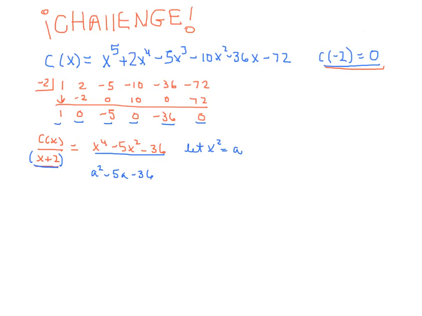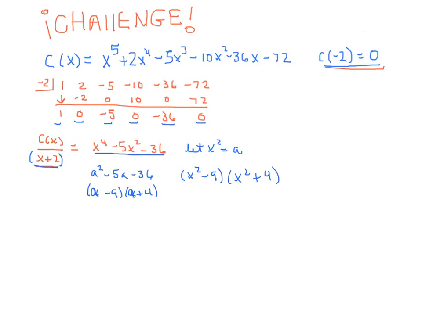Of course it does. It factors into a minus 9, a plus 4. And if we substitute back in x squared for a, it's really x squared minus 9, x squared plus 4.